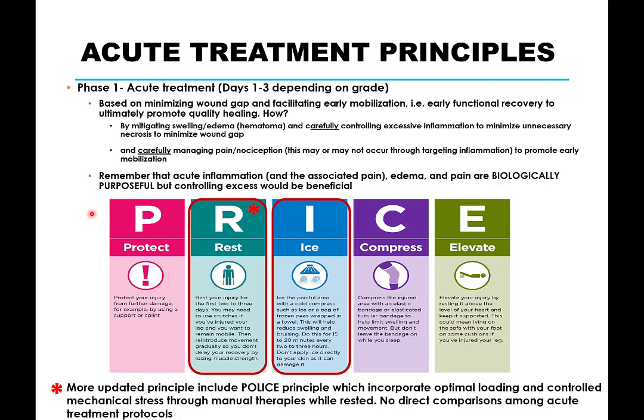This mnemonic stands for rest, ice, compression, elevation. Not too soon after, the PRICE principle was developed as illustrated here, with the added P representing protection. The PRICE principle has been the go-to principle on which acute treatment strategies are based, but it has continued to evolve. So more recently, there have been some changes to the PRICE principle, which I'll get to in a second.